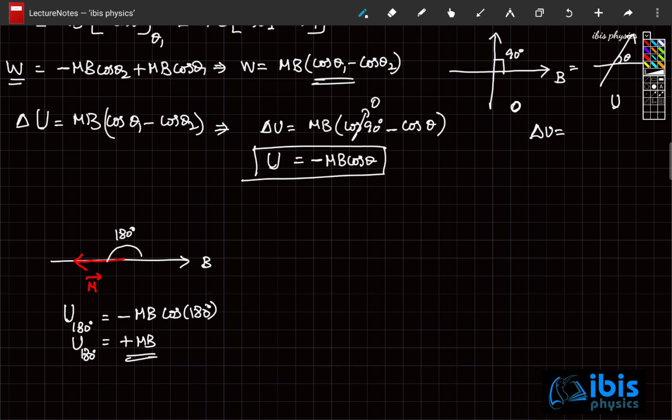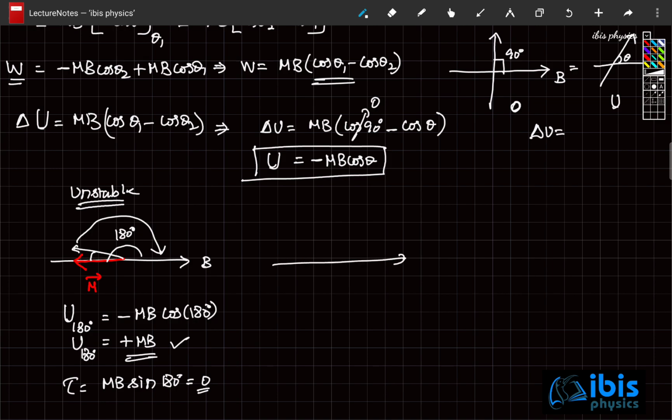When the dipole is in this direction, the torque acting on it is mb sine 180 degree, and sine 180 is 0, so the torque is 0, but the energy is positive. That means it is in unstable equilibrium. The moment you slightly disturb the dipole from this orientation, immediately the dipole tends to come into this.